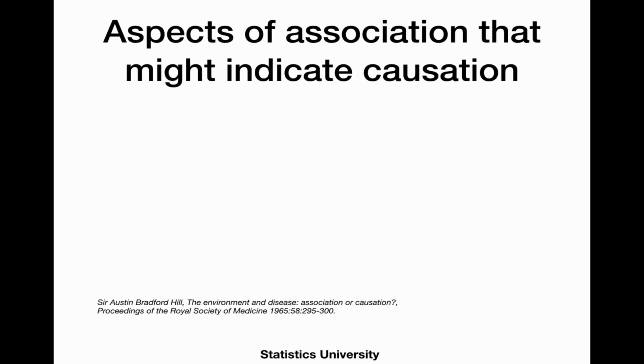And Sir Austin Bradford Hill published a very interesting paper called The Environment and Disease: Association or Causation? in the Proceedings of the Royal Society of Medicine in 1965 that is worth a read. And here he lists a couple of aspects of association that, when present together, might indicate that a risk factor actually is a causal factor of disease.